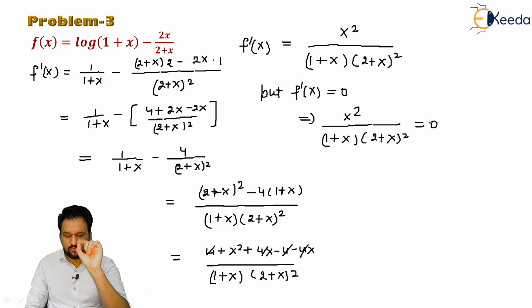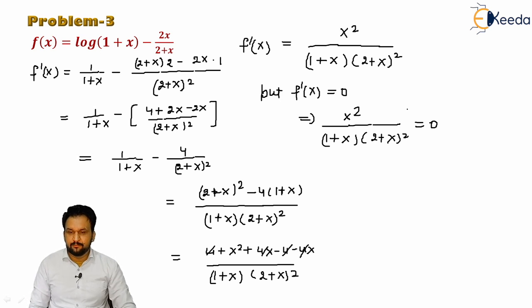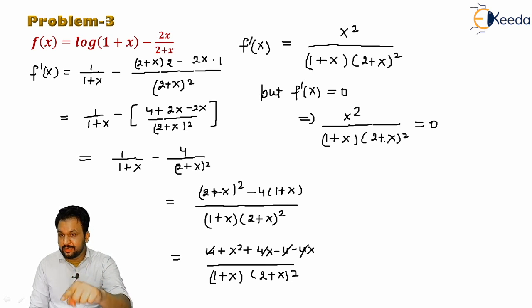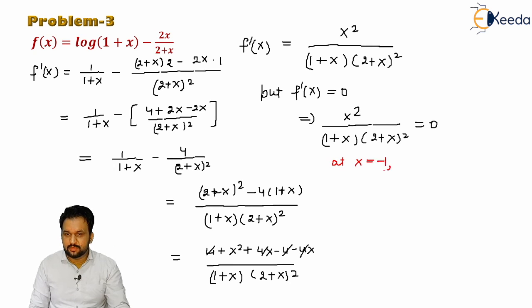Okay, so one point you have to note down here. This function is not defined somewhere. The points are: if you substitute minus 1 here, it gives you 1 by 0, and if you substitute minus 2 here, it again gives you 1 by 0. It means we have 2 points where the function is not defined: x is equal to minus 1 and x is equal to minus 2.